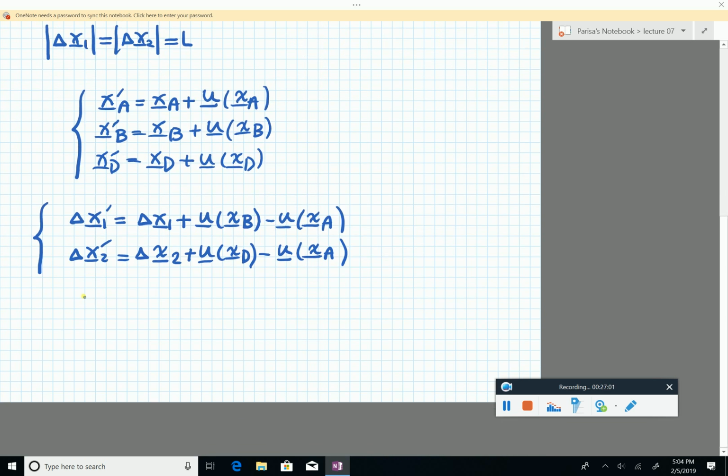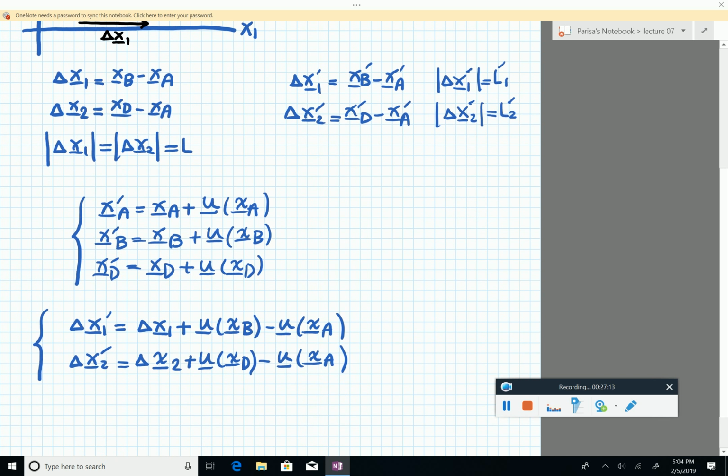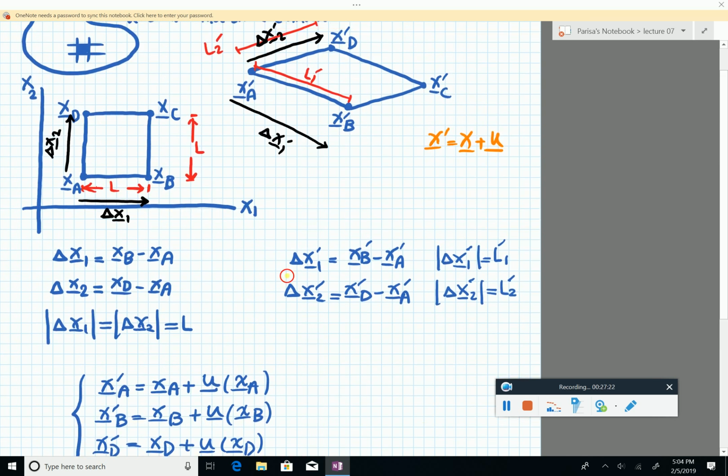Now, I need to do one more thing. Since A and B, since we said that this element is very, very small, we can write the displacement at B using the Taylor series around A, because the element is very, very small.